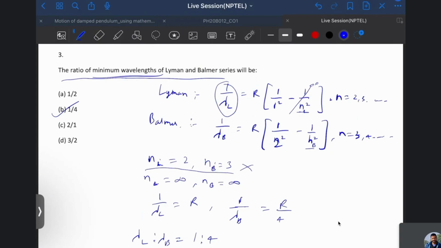Okay. As you go higher and higher, you need more energy. That is, for more energy, you have less wavelength. Correct? Because energy is inversely proportional to wavelength. Right? Okay.